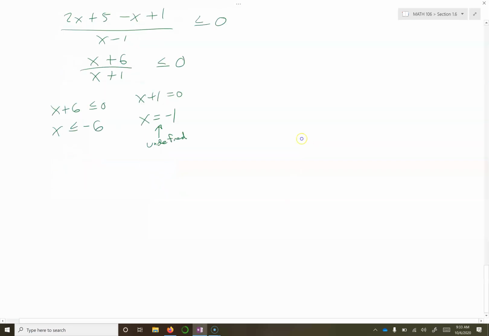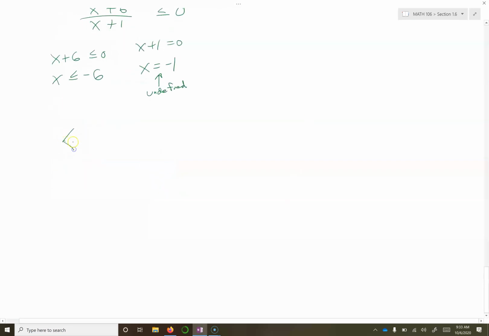So that's what we're going to put on our number line. Let's see. We have negative 6, 1, and then 0. Again, I just like having 0 there, but you don't have to have it. This one, it actually maybe helps not to have it. All right, so let's do our intervals.